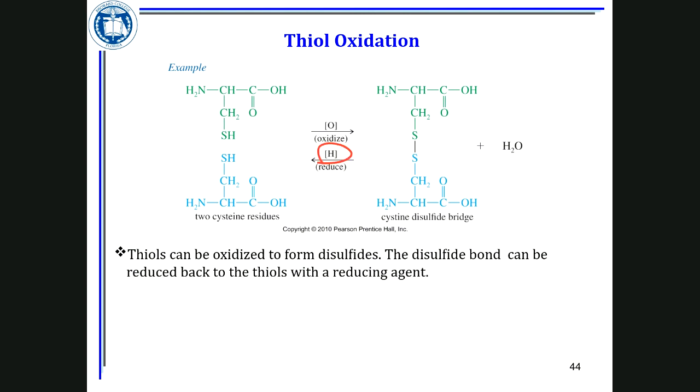So if you have a disulfide bond or disulfide bridge between two amino acids, in order to break it, you have to reduce it, and to reduce it, you're just adding hydrogen to make it SH and SH, so you're going to break that bond.